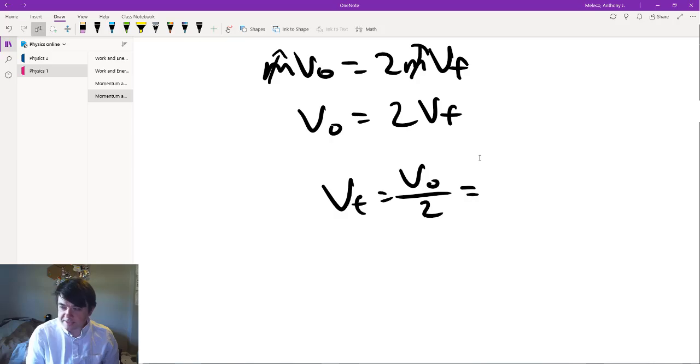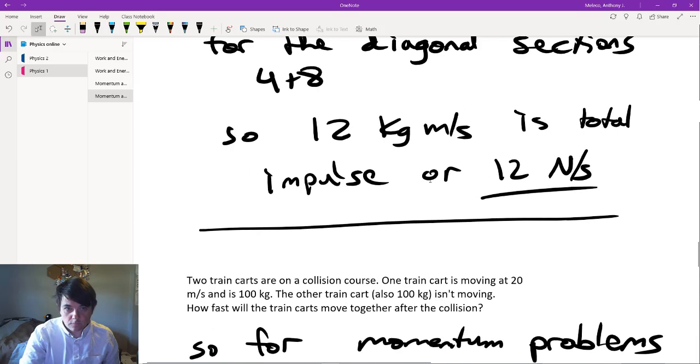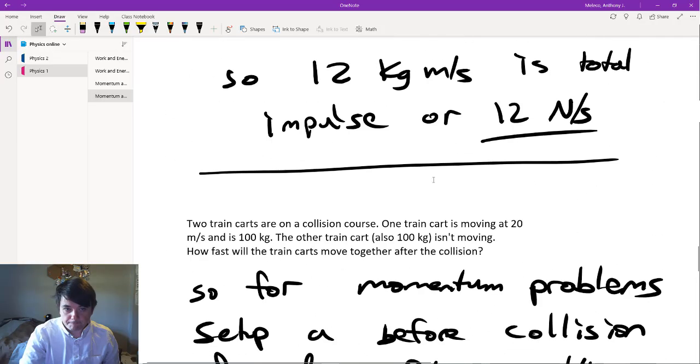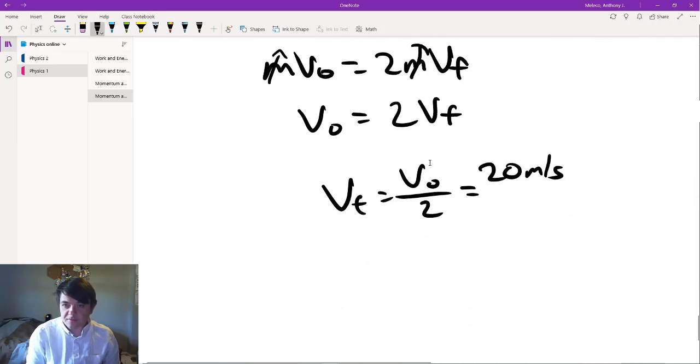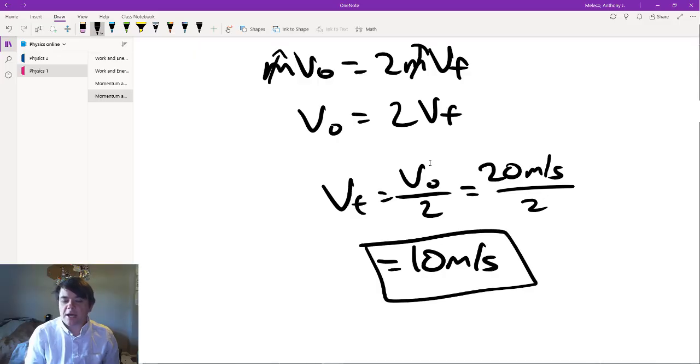And the initial velocity was 20 meters per second, I believe. Yeah. And that's divided by 2. So they'll move together at just 10 meters per second. And if you think about it, that actually makes sense.